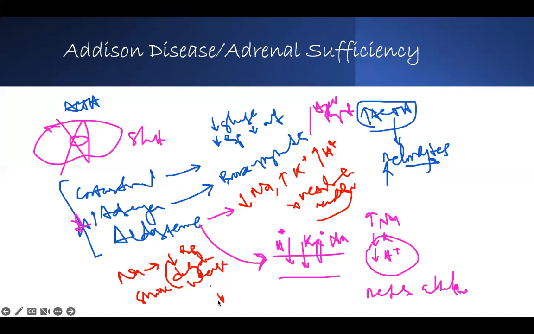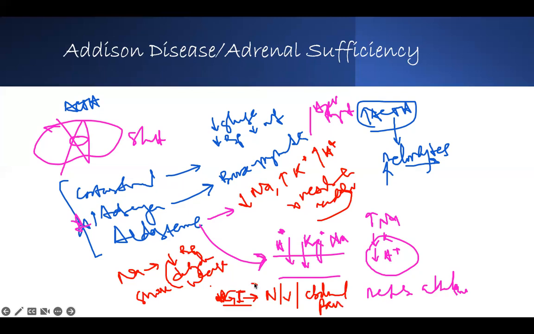The other thing that is classic for adrenal is GI symptoms. They have GI symptoms, like a diabetic patient with DKA. If severe dehydration, they have GI symptoms. So they have nausea, vomiting, okay, and abdominal pain, like a DKA patient.